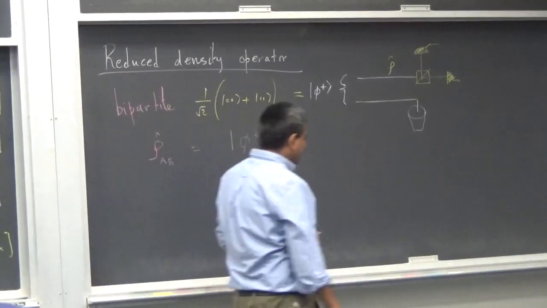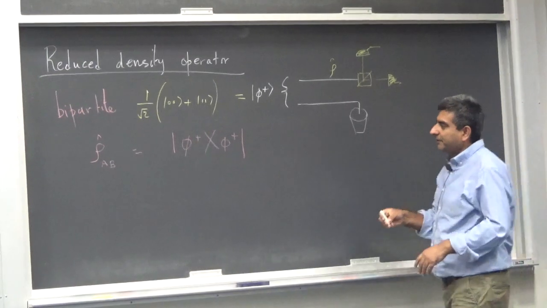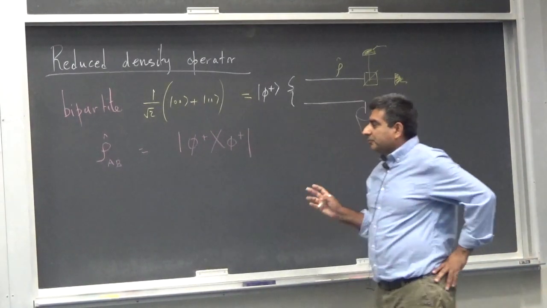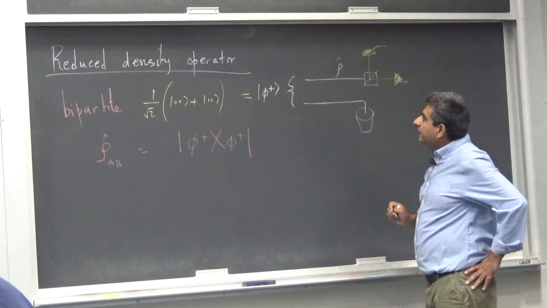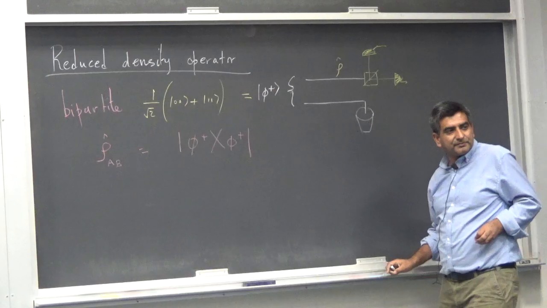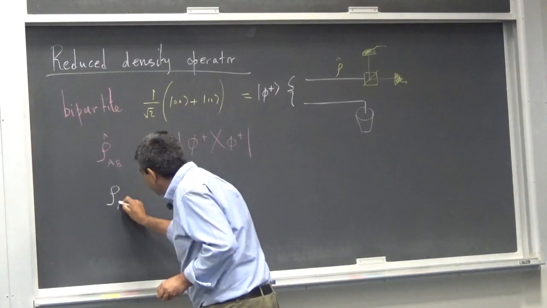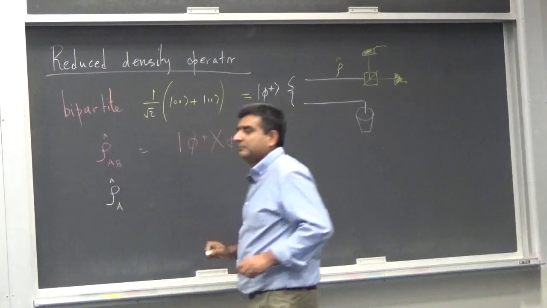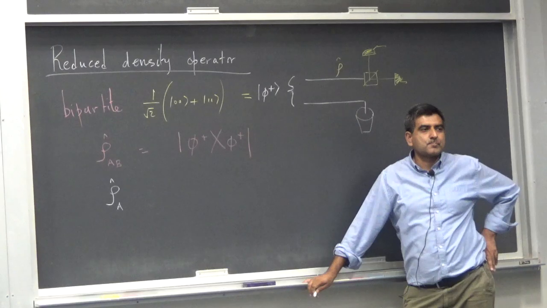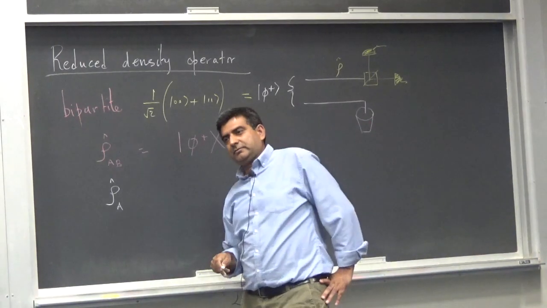And generally books don't cover this with so much depth and so slowly, they just go over this, but I really think it's important. It's conceptual. Now if Alice just looks at her system, she will have just access to her reduced density operator. Let's call it rho A. Okay? So this is called a reduced density operator.